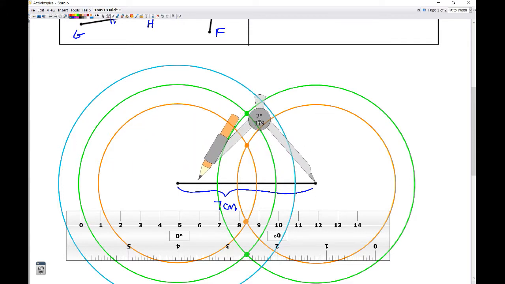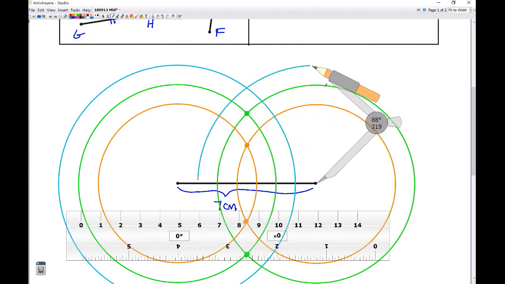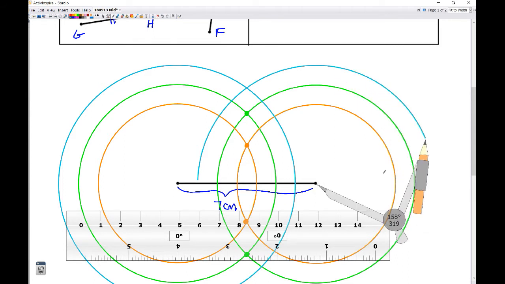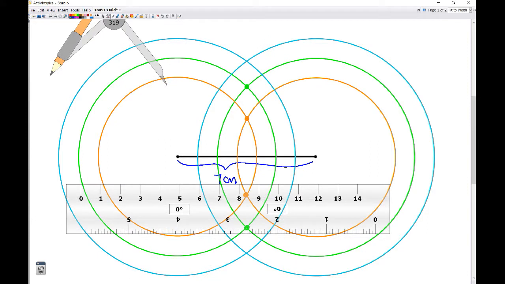So I'm going to come over here and do a 6 centimeter circle from the other side, all the way around. And then again, we're going to mark the intersections of the 6 centimeter circles. So you can see that we have this intersection point, and we have this intersection point here.